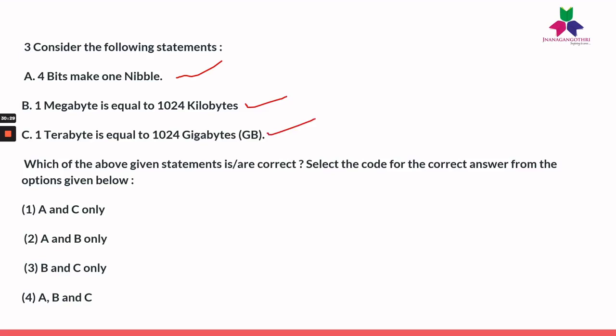Select the code for the correct answer from the options given below: A and C only, A and B only, B and C only, A, B and C. If you take a look at the memory hierarchy, we see that 4 bits make 1 nibble, 1 megabyte is equal to 1024 kilobytes, and 1 terabyte is equal to 1024 gigabytes. So in this case, A, B and C, all three are correct.